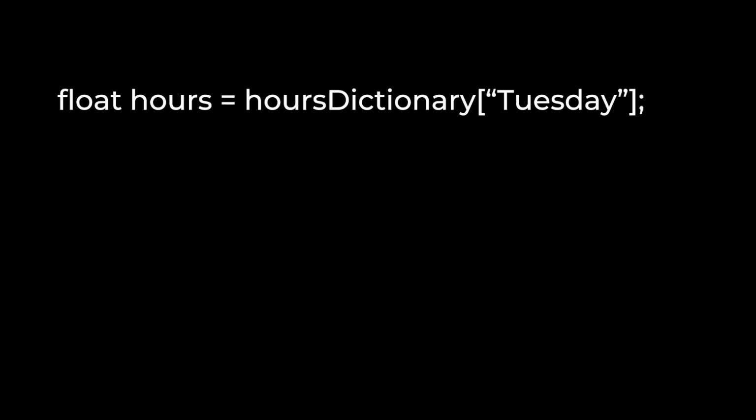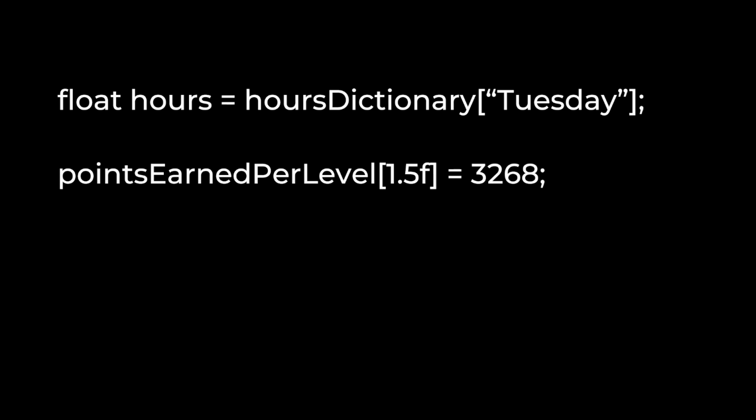In this example, ours is a dictionary of float variables stored via string key. The value of the float stored under the Tuesday string key is being assigned to the new float variable, hours. Here, pointsEarnedPerLevel is a dictionary that stores integer variables using keys of the float data type.